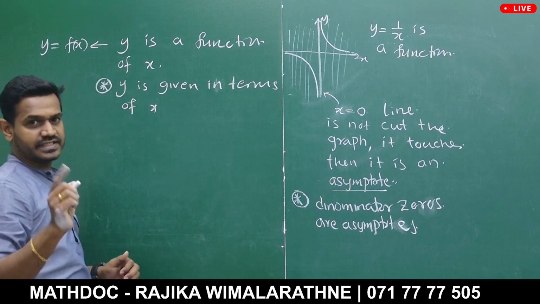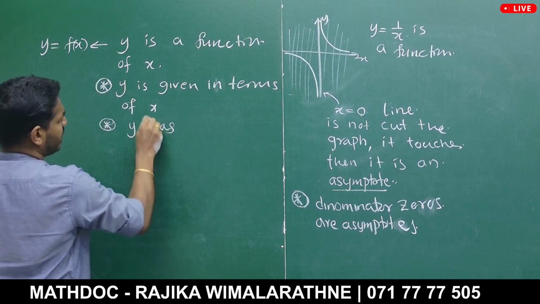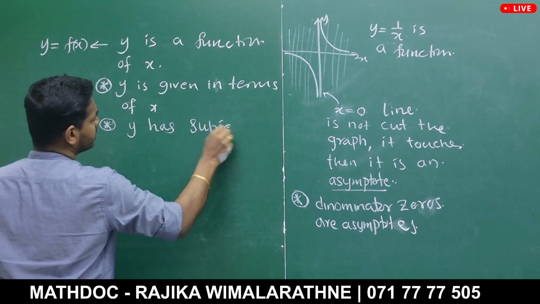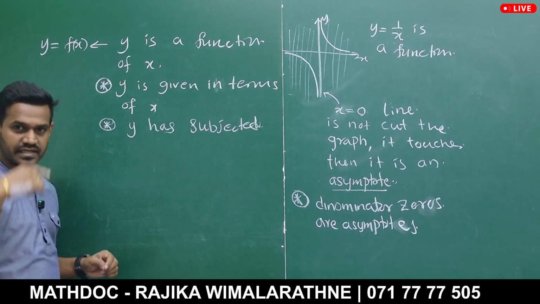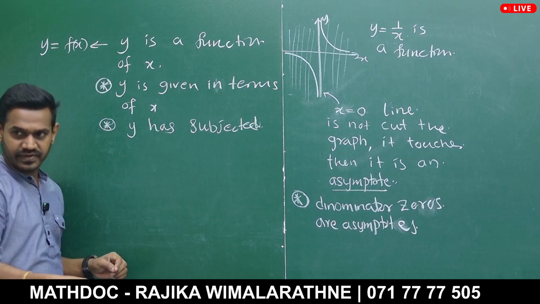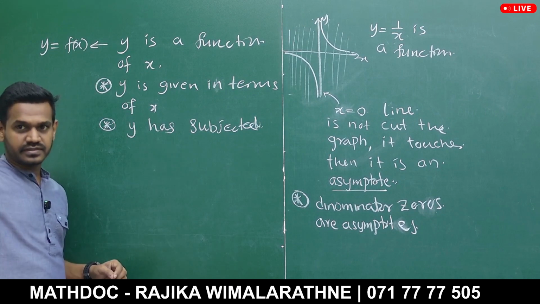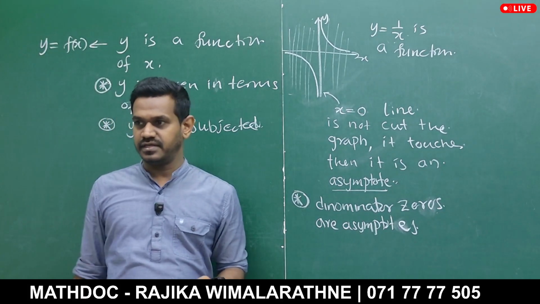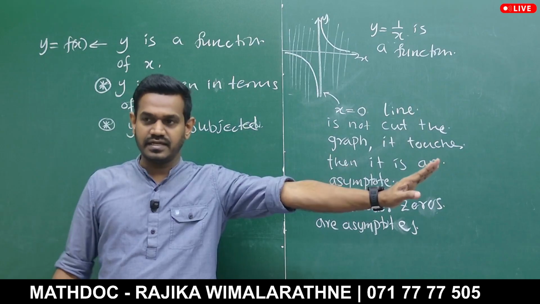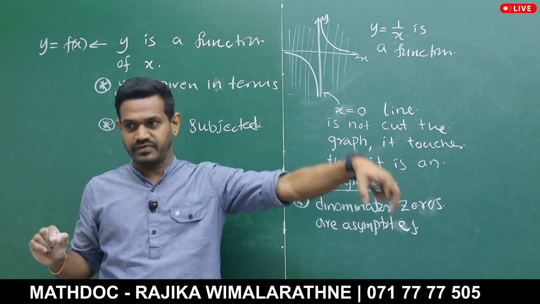Otherwise we say y is the subject. Y to the power 1 is the subject. So now you remember y to the power 1 relations are functions. All the others are on the right side. On the left side we have one value. Then y is expressed in terms of x. Then that is a function.